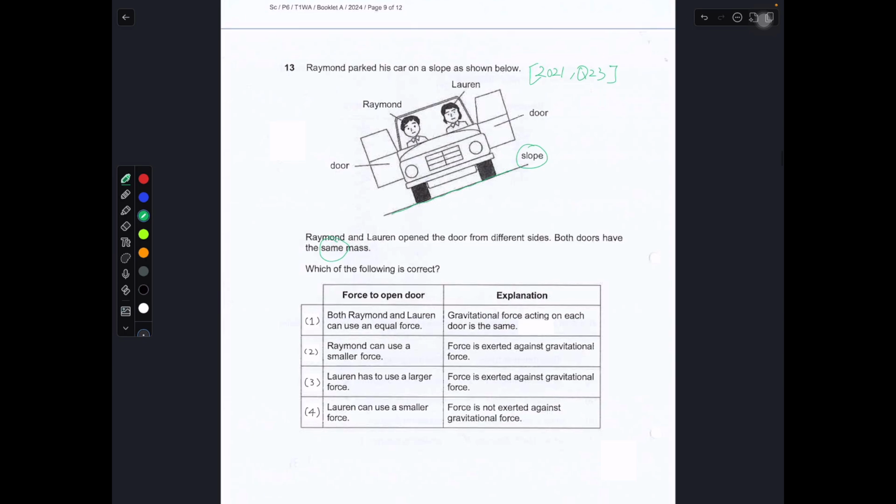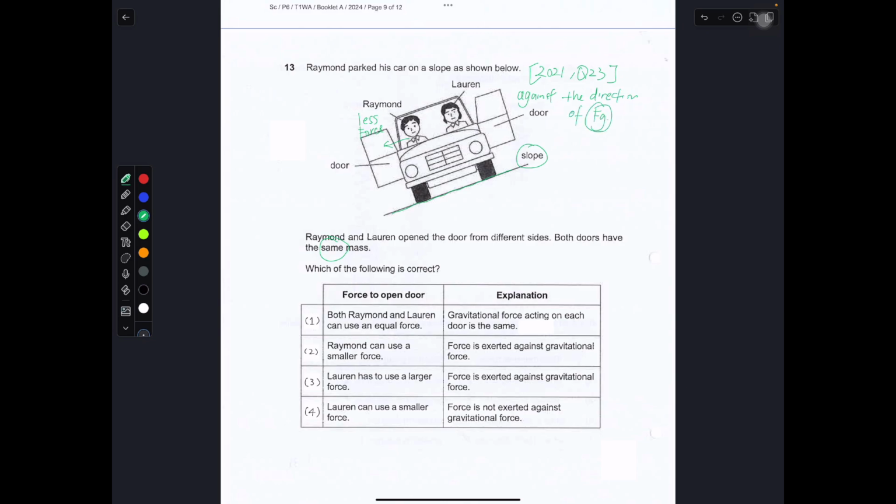Okay, the force used to open the door. Okay, because over here, right, the door that is opened by Raymond is in the same direction as gravitational force. Same direction. So actually, Raymond needs less force to open the door. Less force. Okay, but for Laura, this door, when she wants to open it, is against the direction of gravitational force.